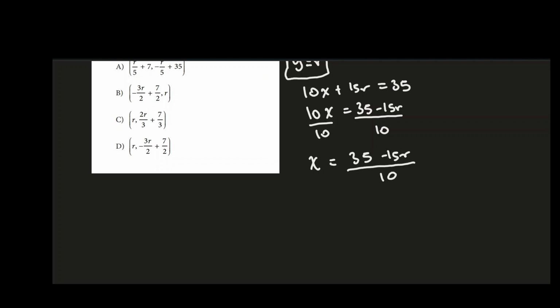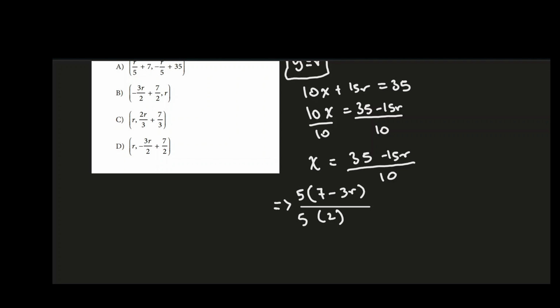However, this can be further simplified by factoring out a 5 on both the numerator and the denominator. So if you factor out a 5 on the numerator, we get 5 times 7 minus 3r over 5 times 2.